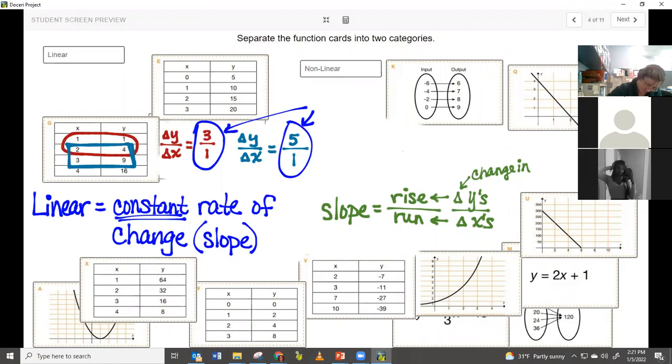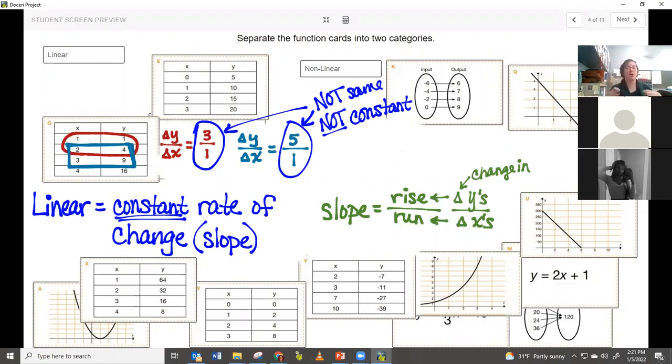No. Not the same, so it is not constant. So I would put this card in the non-linear group.